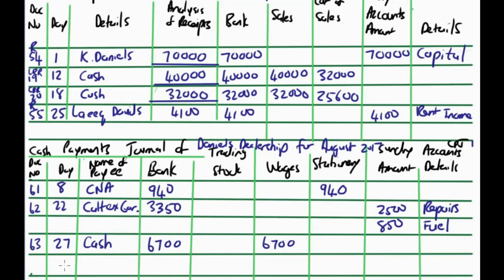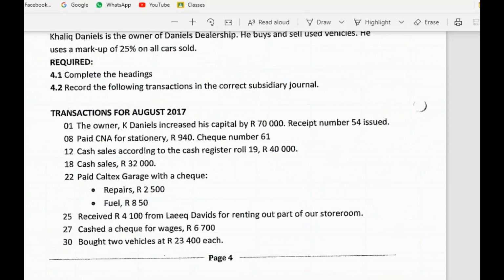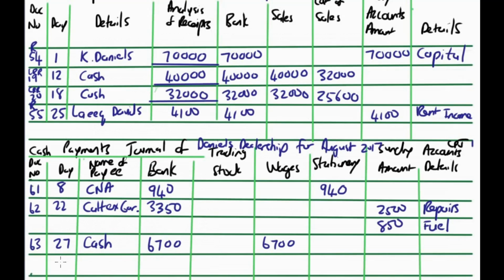So then the next transaction over there on the 30th, we bought 2 vehicles at 23,400 each. Now notice here, it was 2 vehicles, so it means that we've got to now take the 23,400 and we need to multiply that by 2. Okay, and that was on the 30th. So on the 30th, my document number now will be the next check number 64.